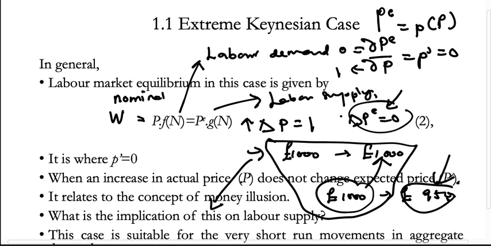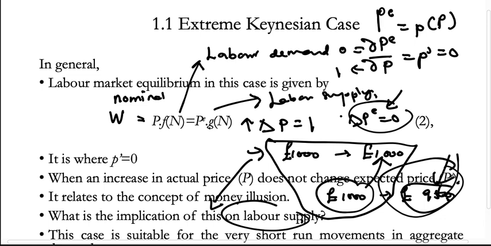For instance, if I offer you the same salary next year, you still want to offer more of your labor supply without understanding the concept of inflation. Perhaps if I don't increase your salary next year, and you understand the concept of inflation and don't have money illusion, then you may turn down my offer because you're not ready to work with me. I better get another new job which can offer me more than £1,000 next year. You get what I mean here? So it has some implication on labor supply.